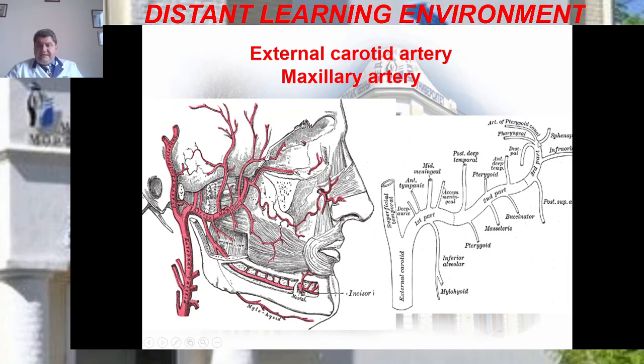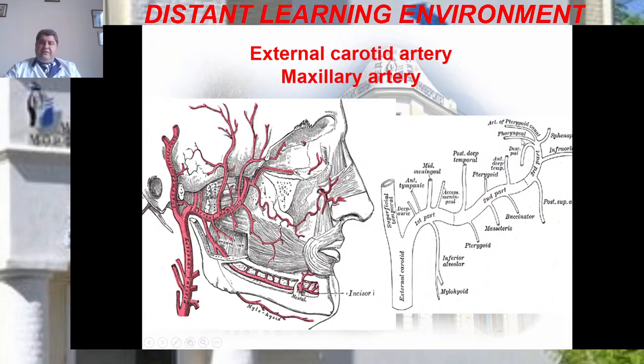And also you may see the pterygoid artery of the pterygoid canal, which gives branches for the bony tissue of the sphenoid bone.